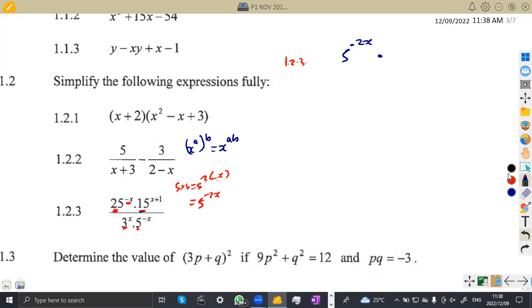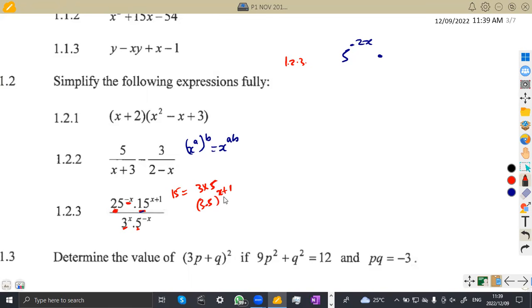All right, for 15, the prime numbers that we have are 3 and 5. I want you to see what is happening on this 15 here. Let me just remove this so that we can work out the 15. The 15 can be written as 3 times 5 in terms of its prime factors, which are 3 and 5. So 3 multiplied to 5, but there is an exponent which is already there of x plus 1.